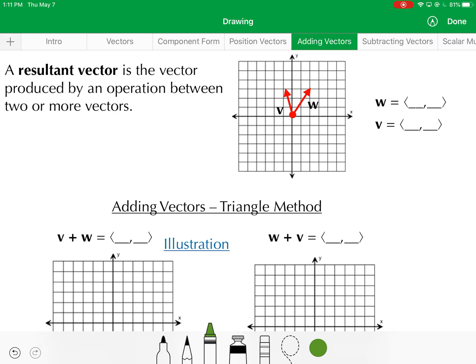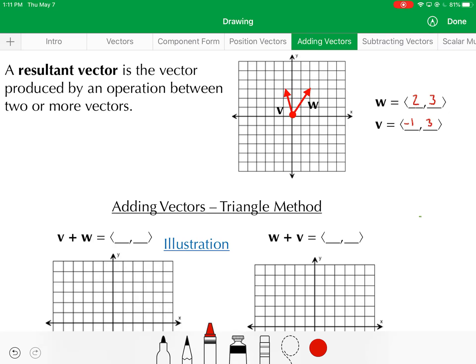Notice both of these vectors, their initial points are at the origin. Vector W has components of 2, 3, and then vector V has components of -1, 3.